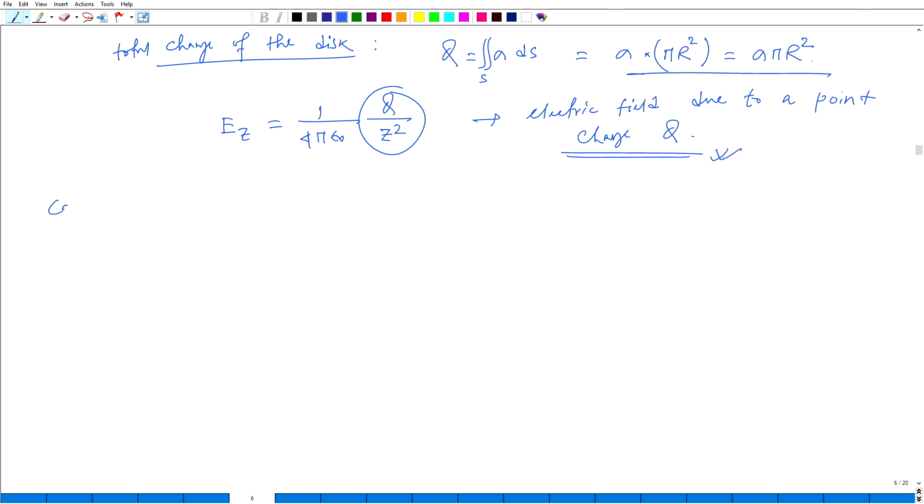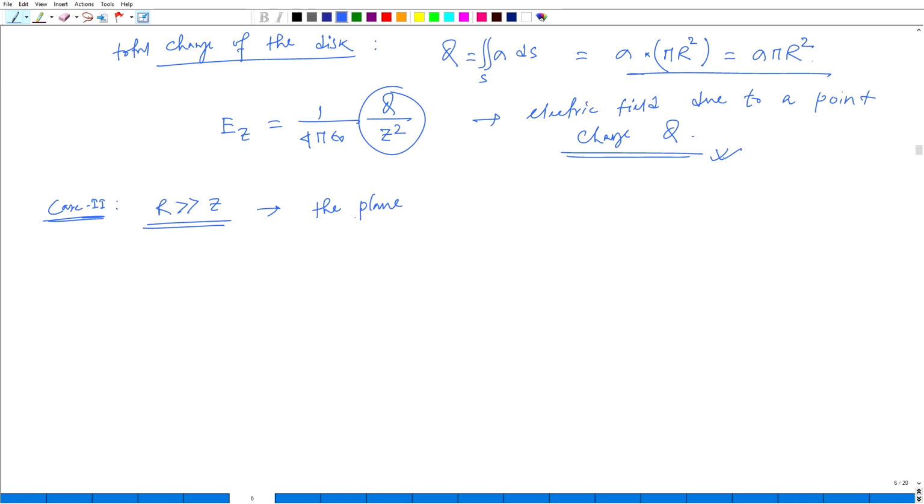Now another case, case 2: the other limit where r, the radius of the disc, is very much greater than z. This limit basically implies an infinite plane, and you consider the electric field extremely close to the surface of the plane.